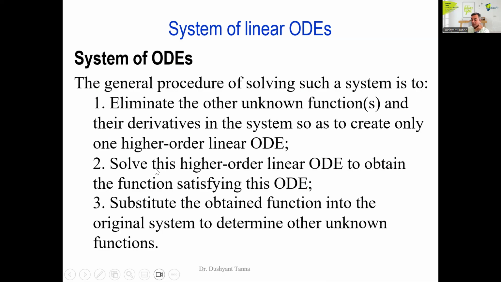Easy to solve. Solve this higher order linear equation to obtain the function satisfying the ODE, and then we use substitution. Substitute the obtained function into the original system to determine the other unknown. Like the same simultaneous system of equations, this is what we do.